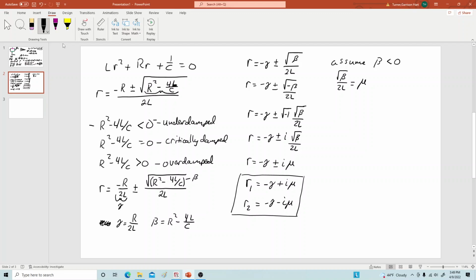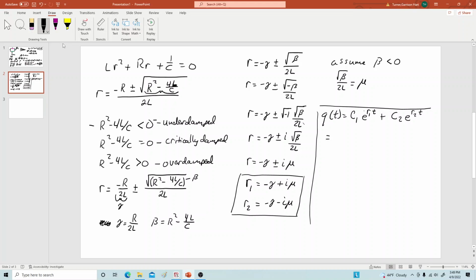And now what we can do is plug those into my overall solution. So Q of t is equal to C1 e to the r1 times t plus C2 e to the r2 times t.